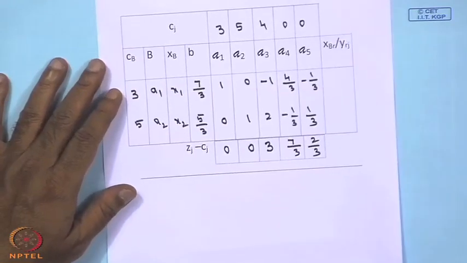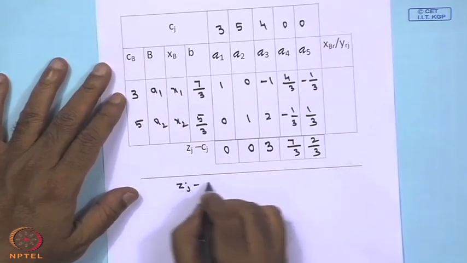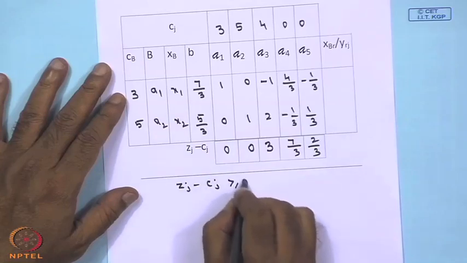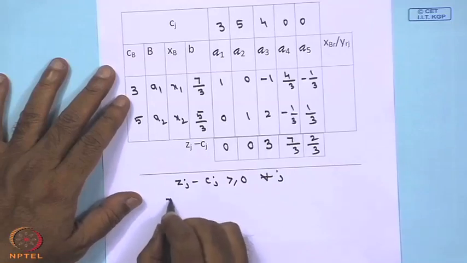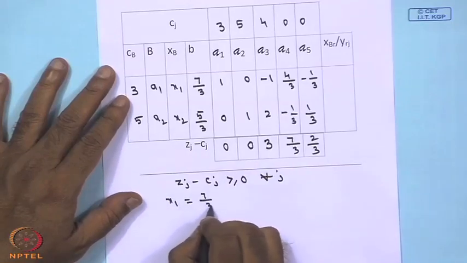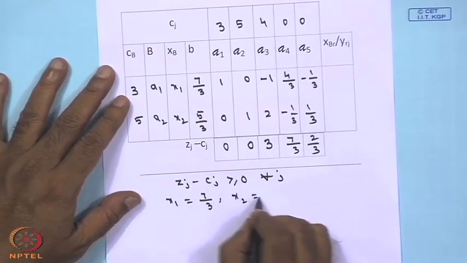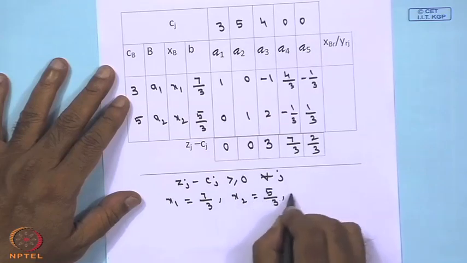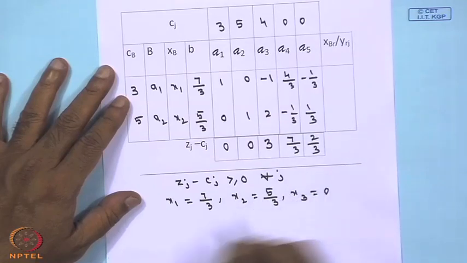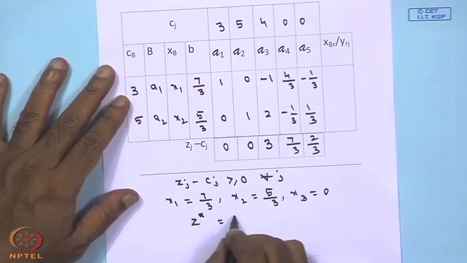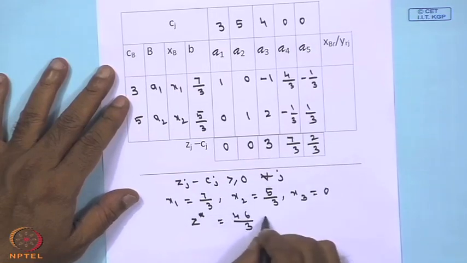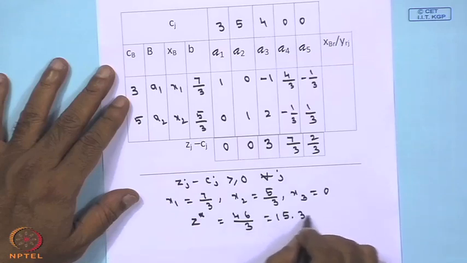So, if you see here all Zj minus Cj is greater than or equal to 0 for all j. So, we reach the optimal solution. Optimal solution is x 1 is 7 by 3, x 2 is 5 by 3 and x 3 is not there. So, x 3 is 0. If you calculate z star, value of z star will be 46 by 3 or say 15.33, whatever you say.